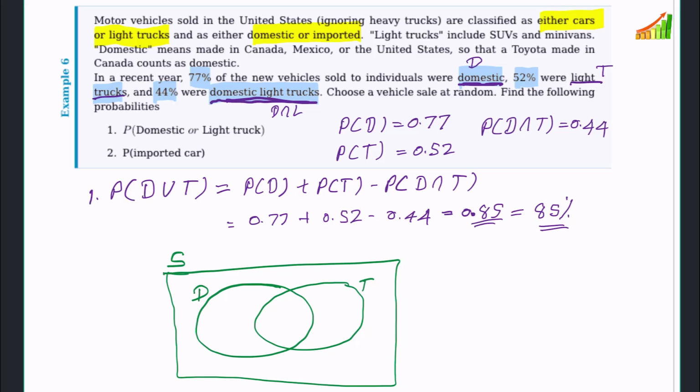The sample space is the motor vehicles sold in the United States. That is S. Now, what is the first region we should consider? The common region, that means this middle part, right? First we need to get the number for that part. That is the probability of D intersection T, which is 0.44.